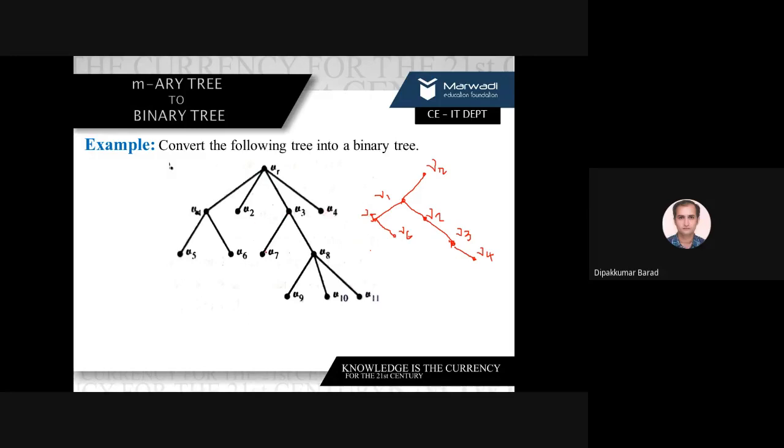Now look at V3. Its left child is V7, so we place V7 here. V7 has a sibling V8, so V8 is the right child of V7.